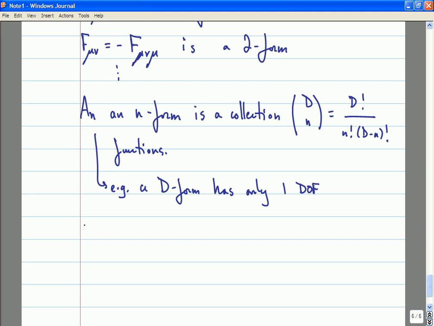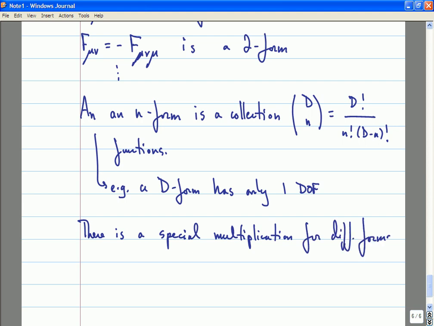So there is a special multiplication for differential forms, which is known as the wedge product. So how is the wedge product defined?